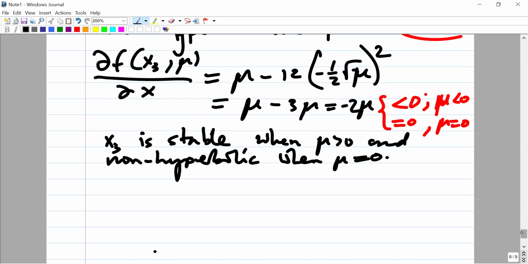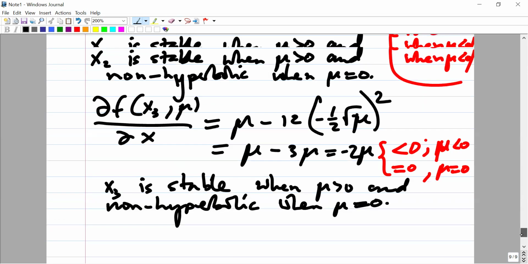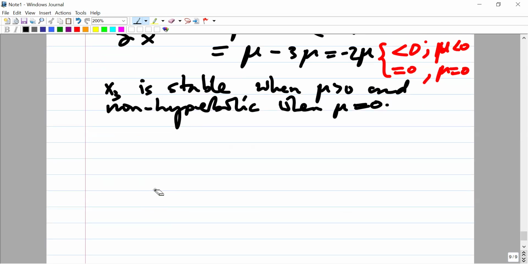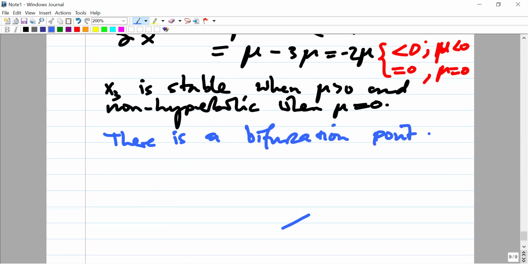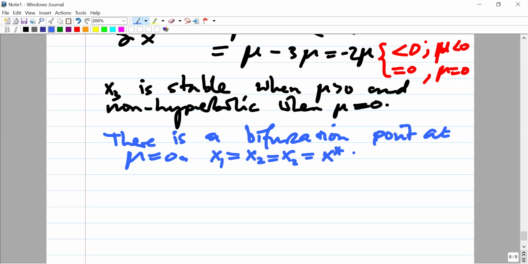So we now can observe that there is a bifurcation point. There is a bifurcation point at mu equals 0, and x there is actually x1 equals x2 equals x3, which is just the x star for mu equal to 0.